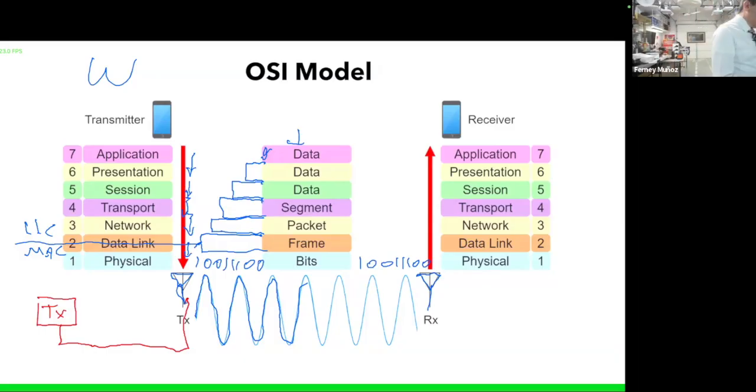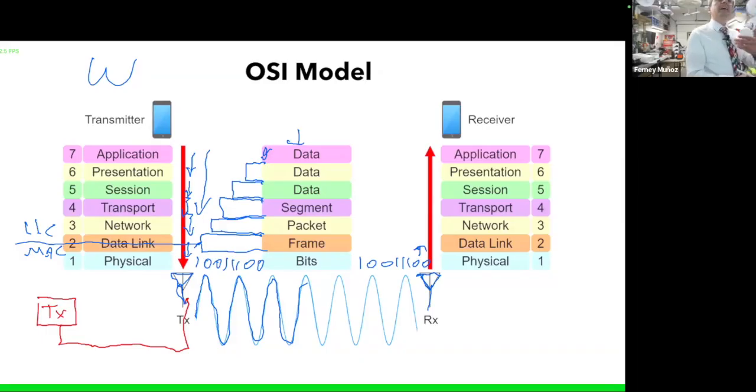And then I'm going to start decapsulating, because this process is also called encapsulation, because you are adding headers to it, basically like putting stuff in a capsule and then making it bigger by adding more stuff. Once it goes down to layer 1 and sends all the ones and zeros, either in the form of electrical pulses or light waves or microwaves in the air, then those waves are going to be received by this antenna, decoded, get the ones and zeros, and then start decapsulating it and passing.